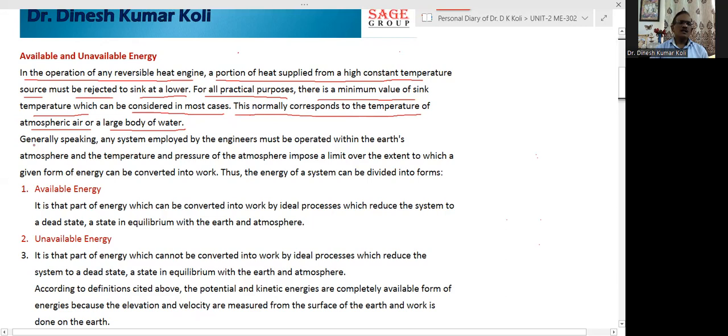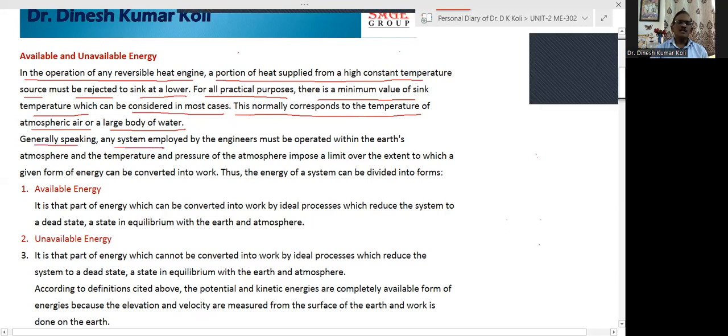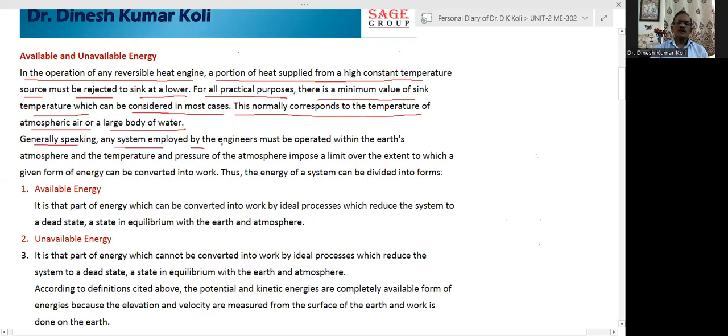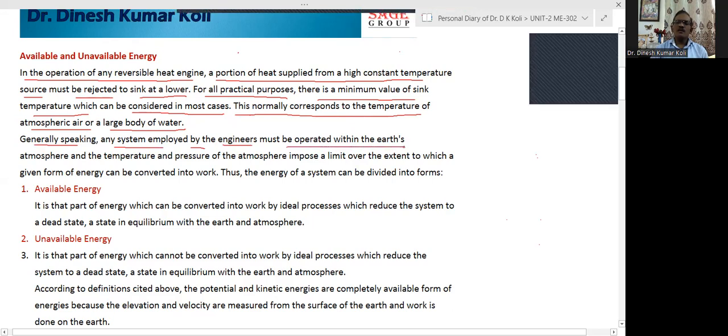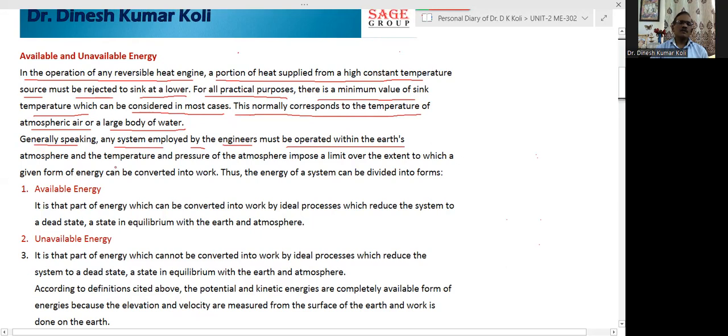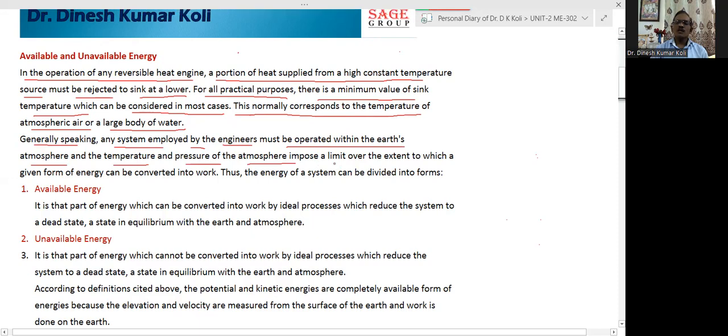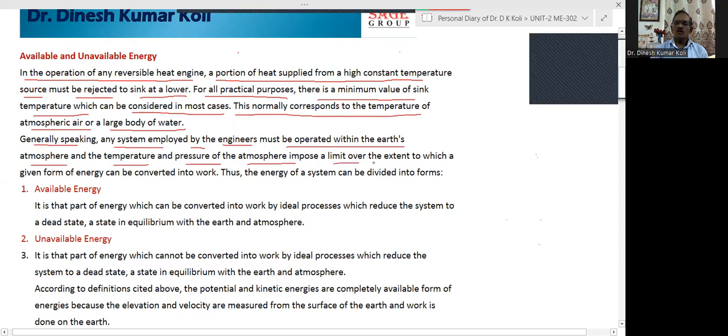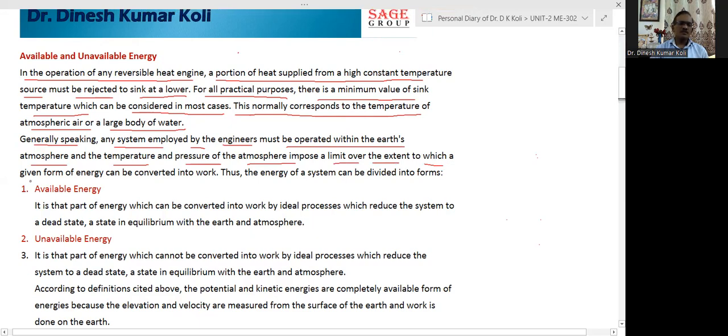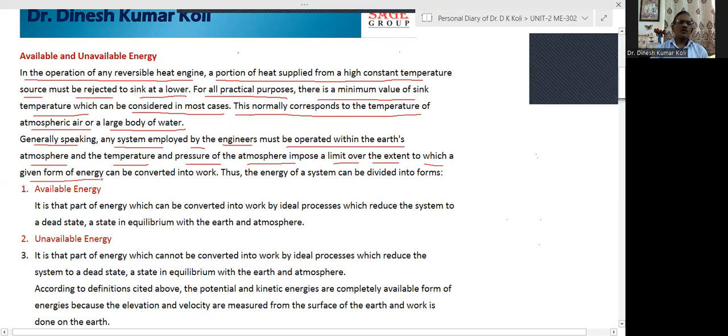So, generally speaking, any system employed by engineers must be operated within the Earth's atmosphere, and the temperature and pressure of the atmosphere impose a limit over the extent to which a given form of energy can be converted into work.